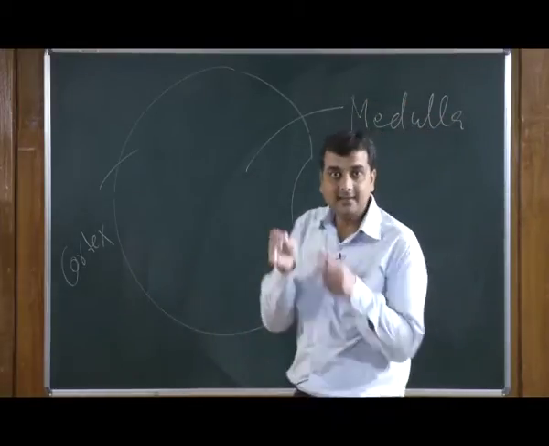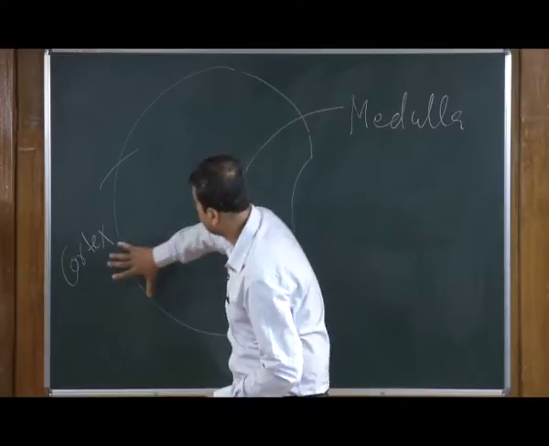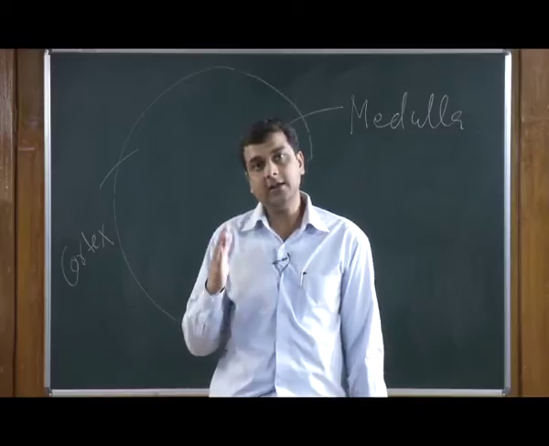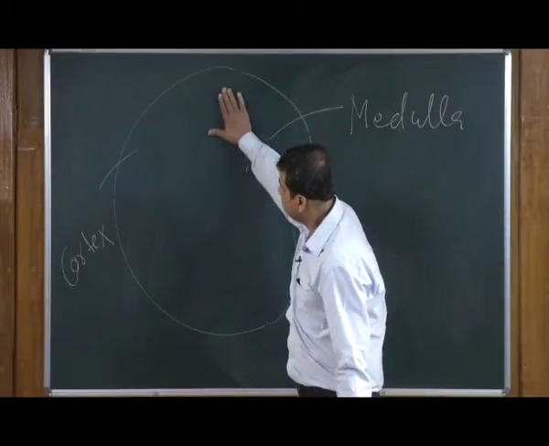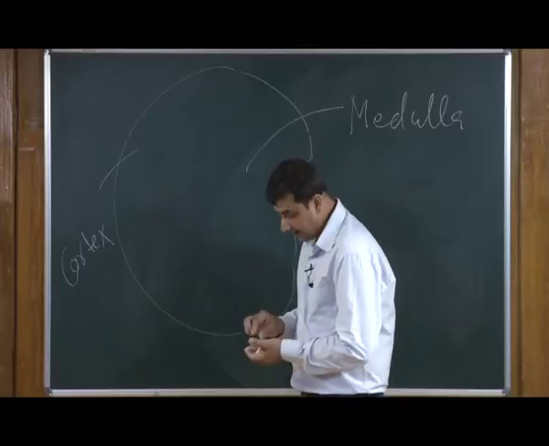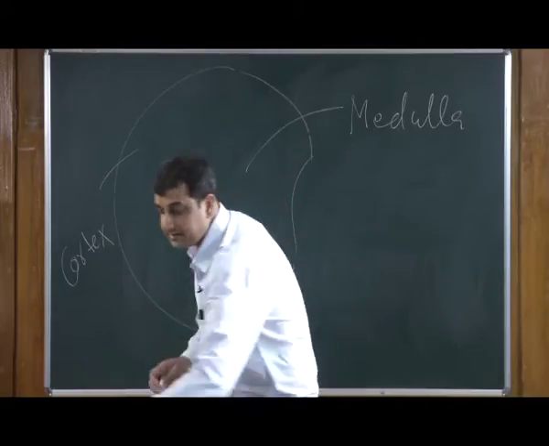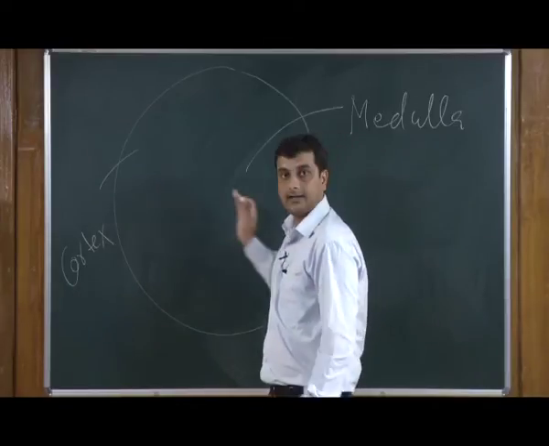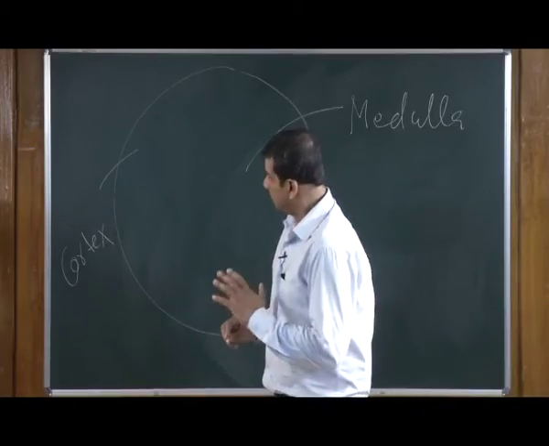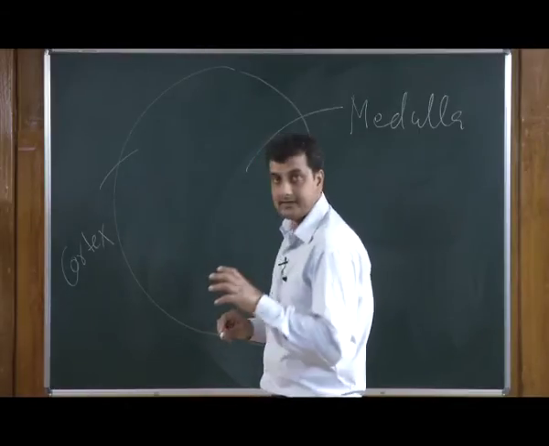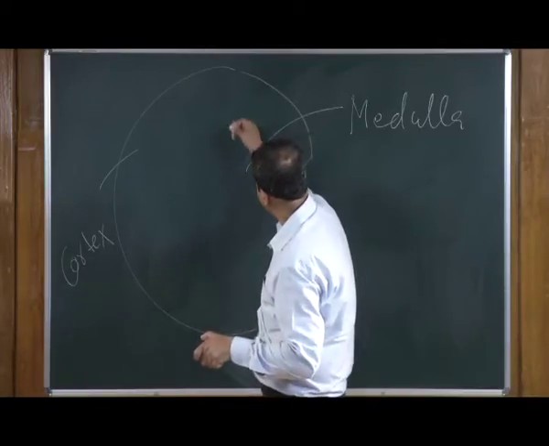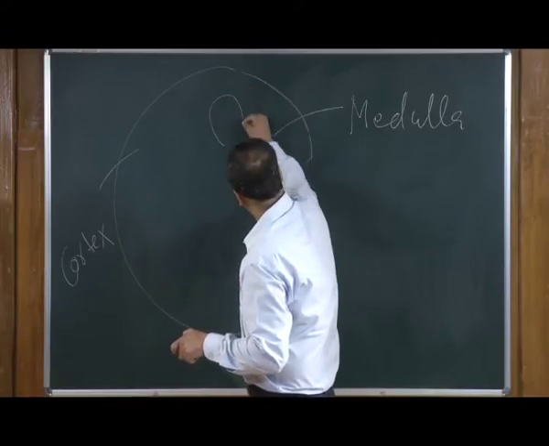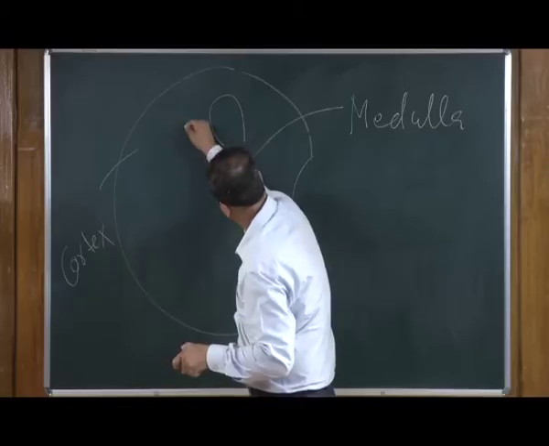So medulla is the internal, and the cortex is the external part of any cross section of an internal organ in the human body. Now, if you see the structure here, as I said, these are grossly bean shaped structures, and now we have internally differentiated two areas, cortex and medulla. Now the cortical region has an outside covering, and then in the medullary area we have a small kind of pyramid-like structure.